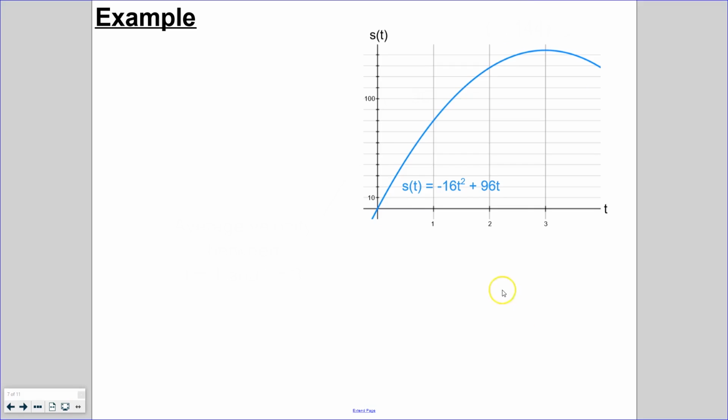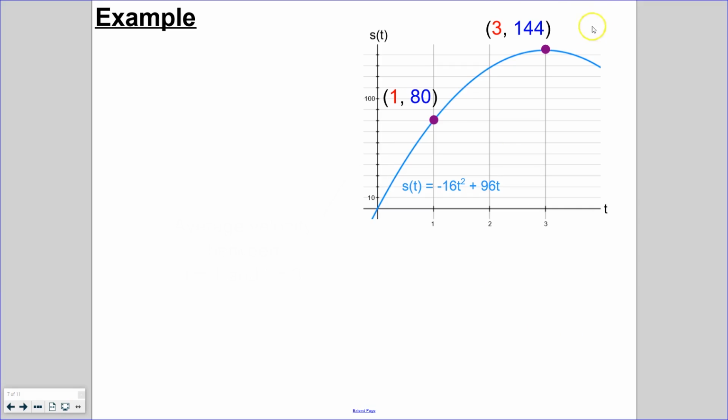So again, we found out that after 1 second, our rocket was going to be 80 feet off the ground. And at 3 seconds, our rocket is going to be 144 feet off the ground. A lot of students unfortunately fall into the trap of thinking that the graph of this function is the path that the rocket takes, and it is not. It is just the representation of how far the rocket is off the ground after t seconds.